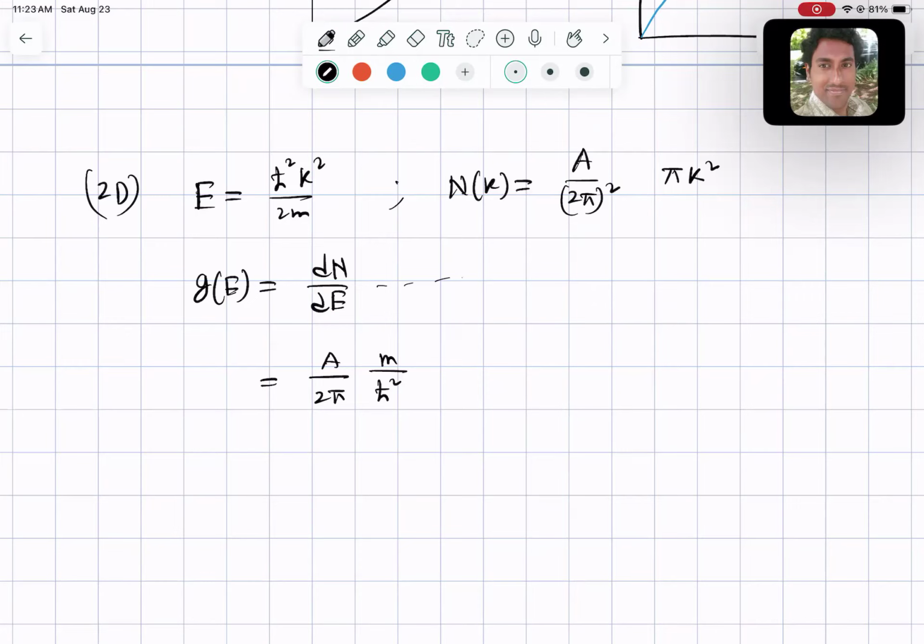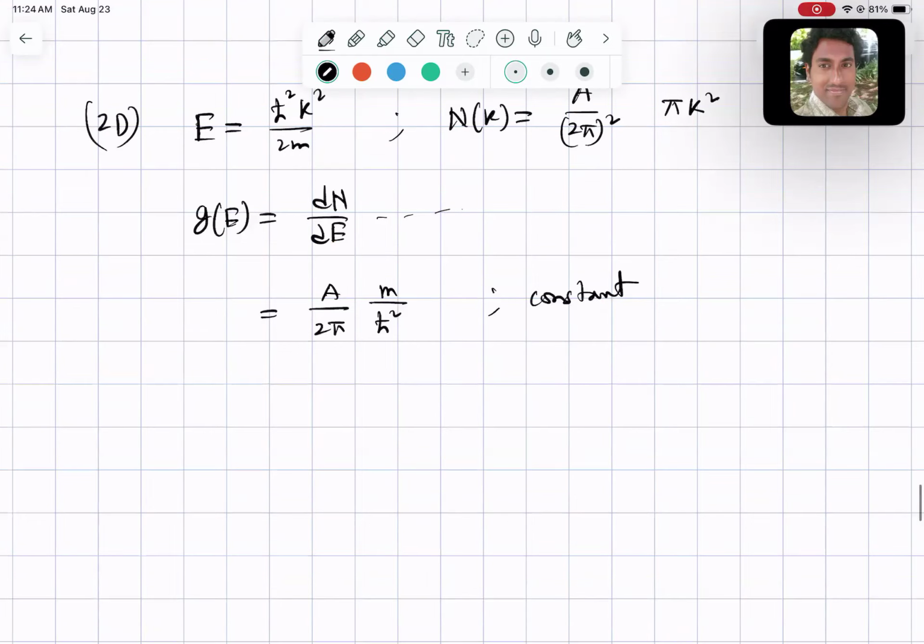A constant, there is no E. Meaning for the 2D case, density of states is a constant for a parabolic band. This is important for 2D materials, for example. If you have a material where conductance is along x and y but not along z, for those types of material, density of states would be a constant for parabolic bands.